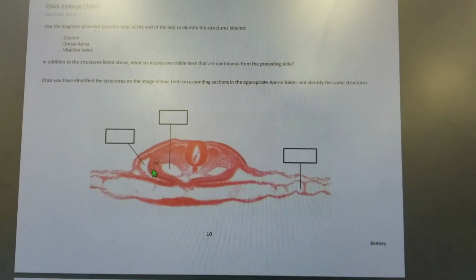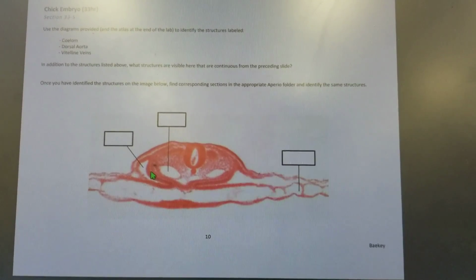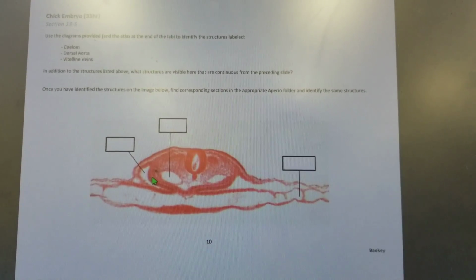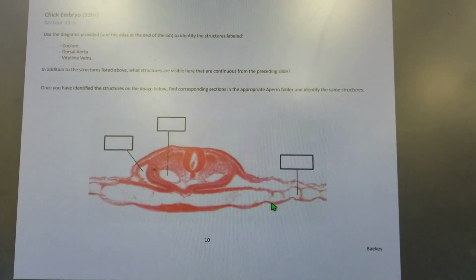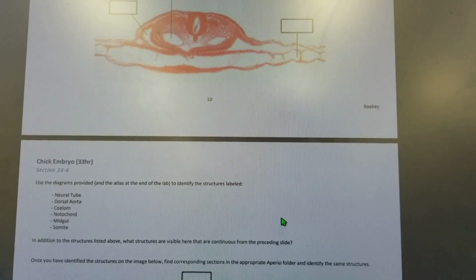And the intra-embryonic coelom is going to give rise to the pleural cavity, peritoneal cavity, and the pericardial cavity. Hopefully we'll learn about that tomorrow as we move into the next topic in lecture.